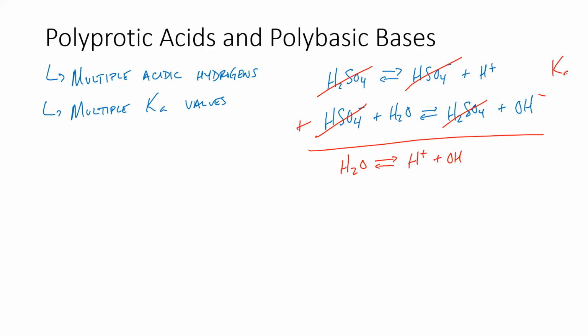Now this first one, Ka, the second one, Kb, and this one, of course, we know is Kw. And when we add reactions together, we multiply their equilibrium constants, and so Ka1 times Kb2 equals Kw. And that's true for any conjugate acid-base pair. It doesn't have to be polyprotic.